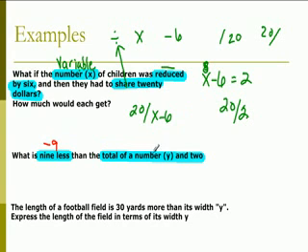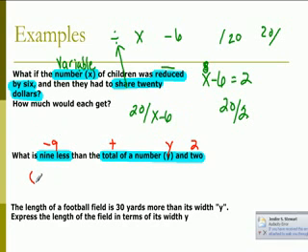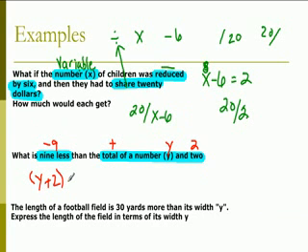And total of a number y and 2 means we're going to add y and 2. But it wants us to subtract from y and 2, so that means our y and 2 needs to be in parentheses because we have to do that first, and then subtract 9.